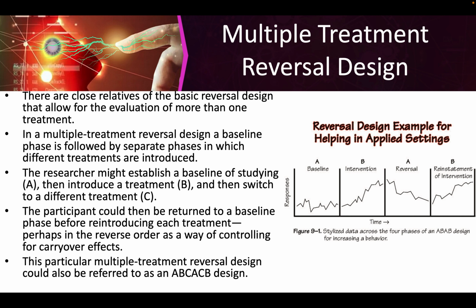The researcher might establish a baseline of studying, A, then introduce a treatment, B, and then switch to a different treatment, C. The participant could then be returned to a baseline phase before reintroducing each treatment, perhaps in the reverse order as a way of controlling for carryover effect. This particular multiple treatment reversal design could also be referred to as the ABC-ACB design.